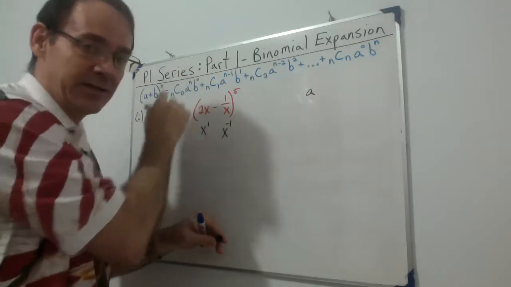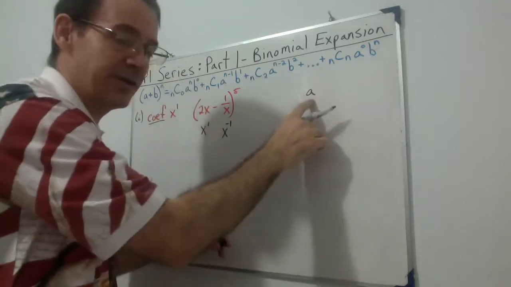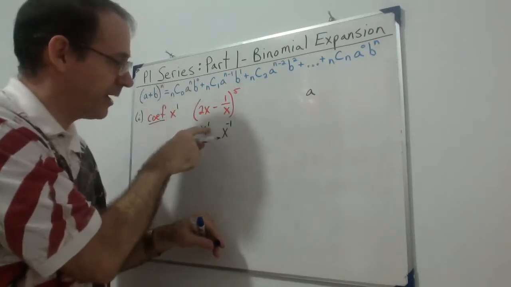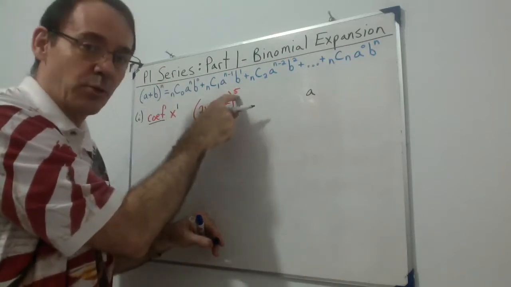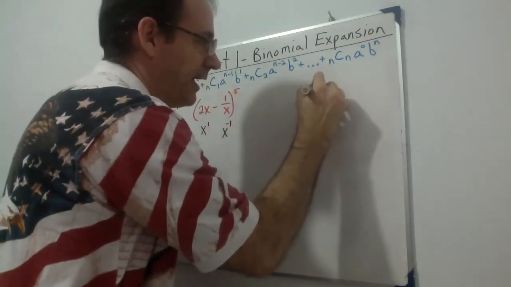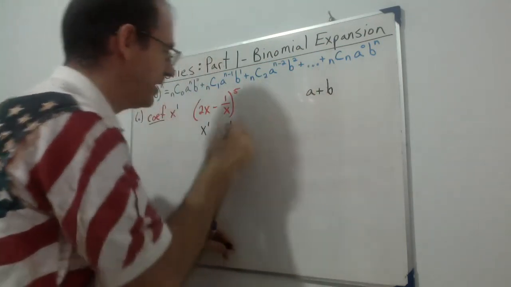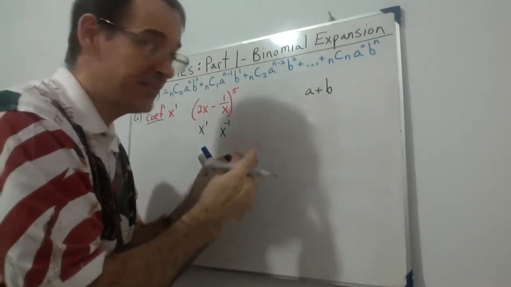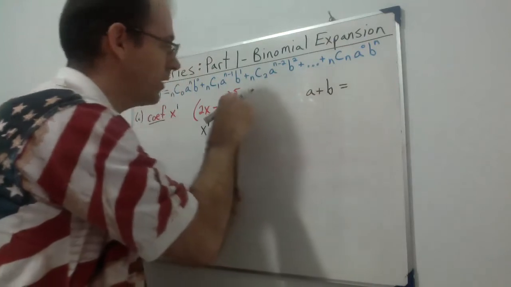Whatever exponent of our A term is, we don't know, we're just going to call it A. The exponent from our A term, and I'm not talking about this one, I'm talking about the one that comes from here. The exponent from the A plus the exponent from the B, when those get added together, it has to equal n.